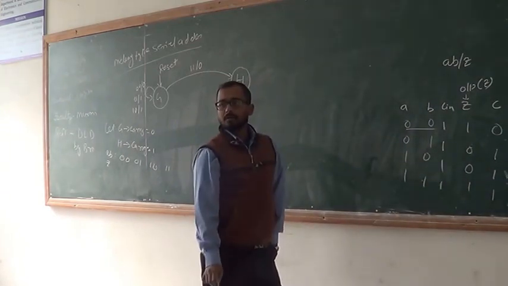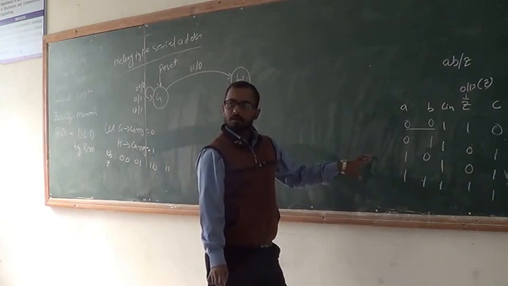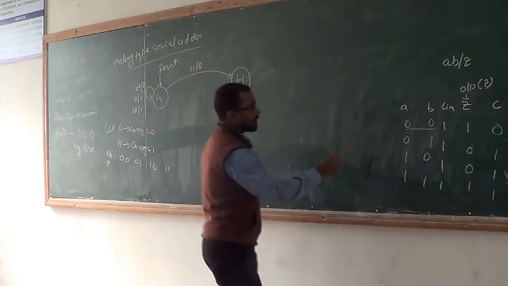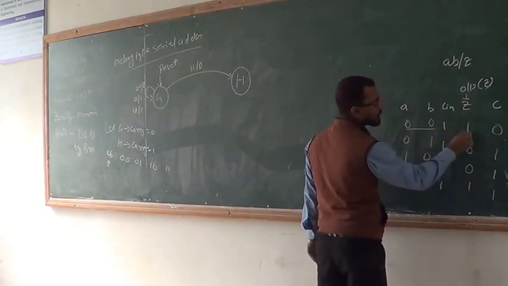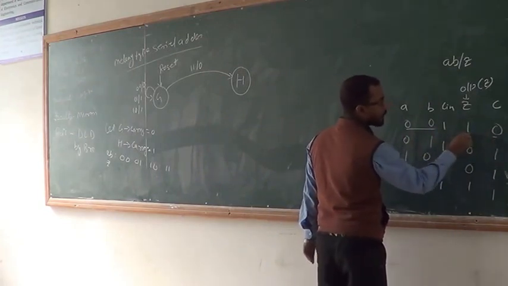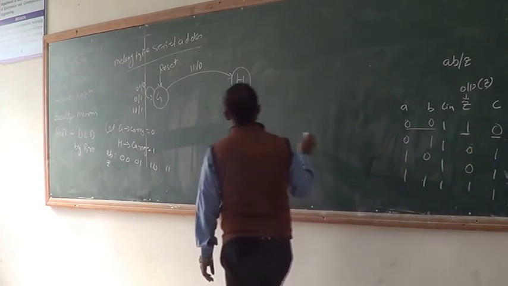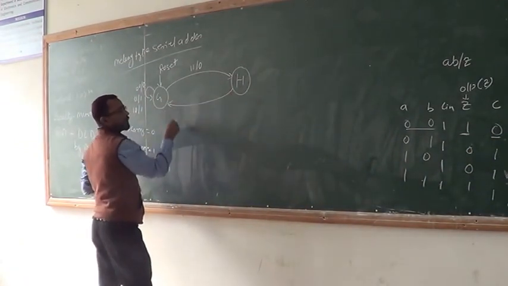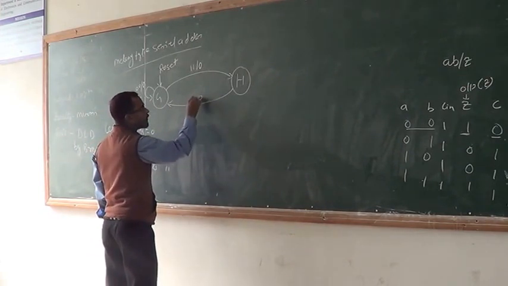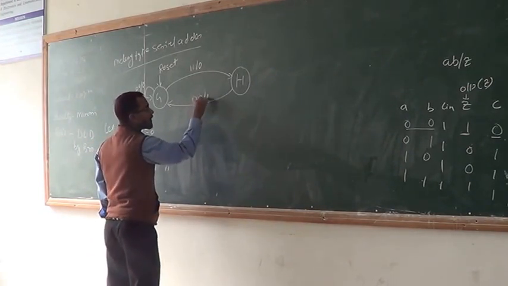Are you understanding? Okay. Now first, when 00 comes, what will happen? Output is 1, but carry is 0. That means the element containing carry 0 is G. That means at 00 the output becomes 1.